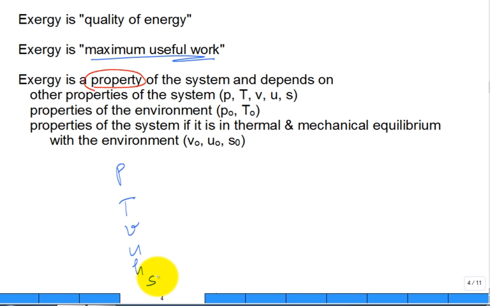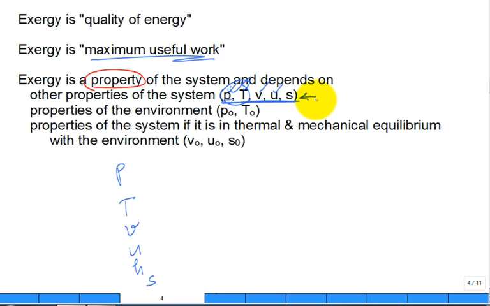But it's a very unique property of the system because not only does it depend on, let's say, temperature and pressure fixing the state, or pressure and volume fixing the state, or pressure and internal energy fixing the state. What you can find is this is really the state of the system expressed by its other properties. But it also is a function of the properties of the environment.